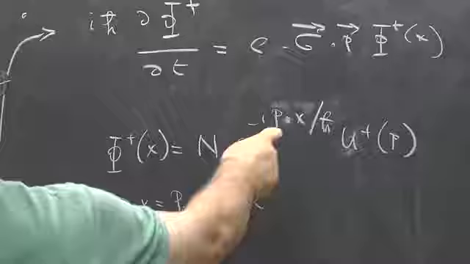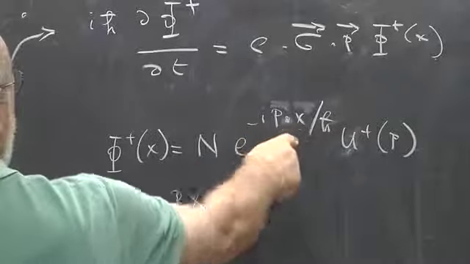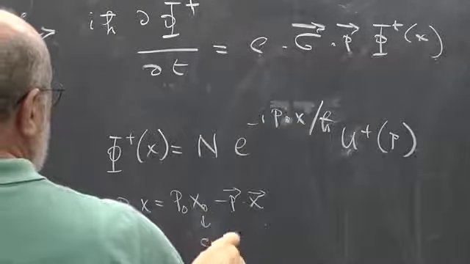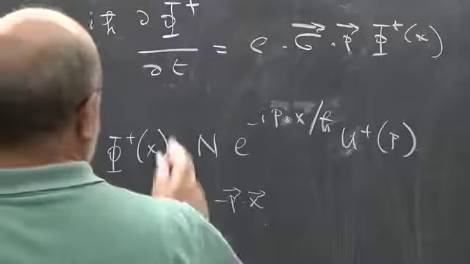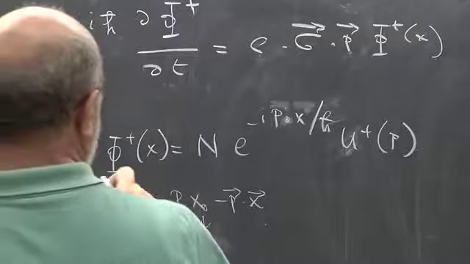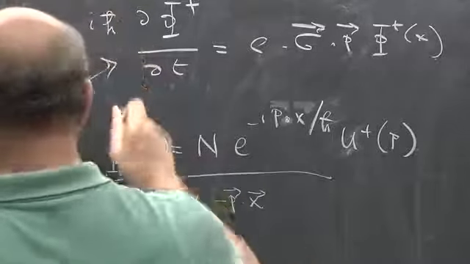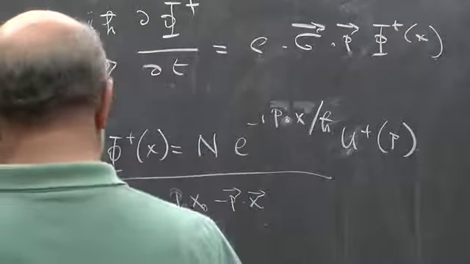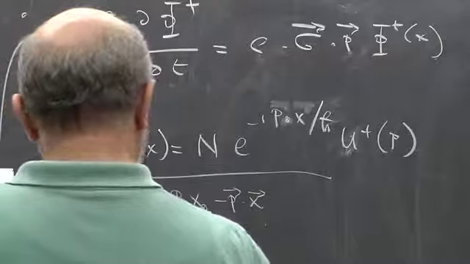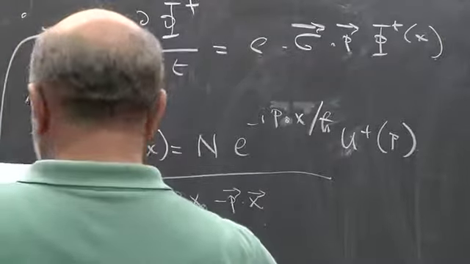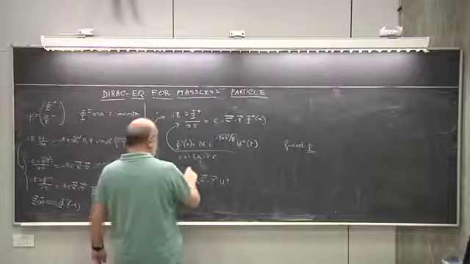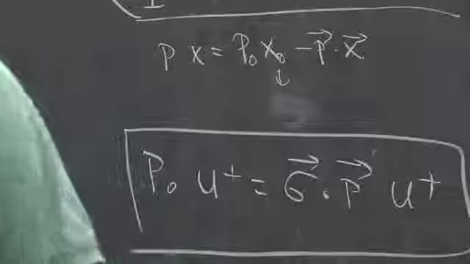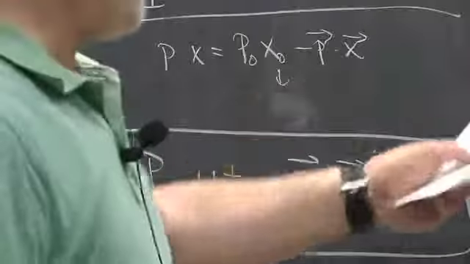Remember that if you want to do the derivative with respect to t, this object is ct. Then if you insert this solution into this, what you get is p0 u+ equals σ·p u+. So this is an equation for u+, this unknown quantity that I don't know.